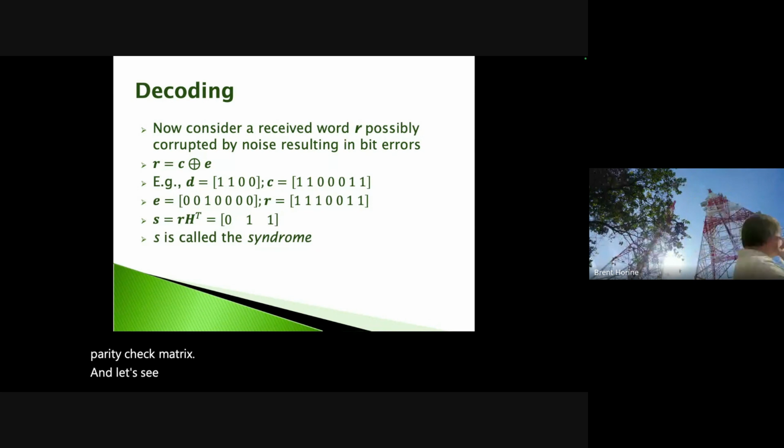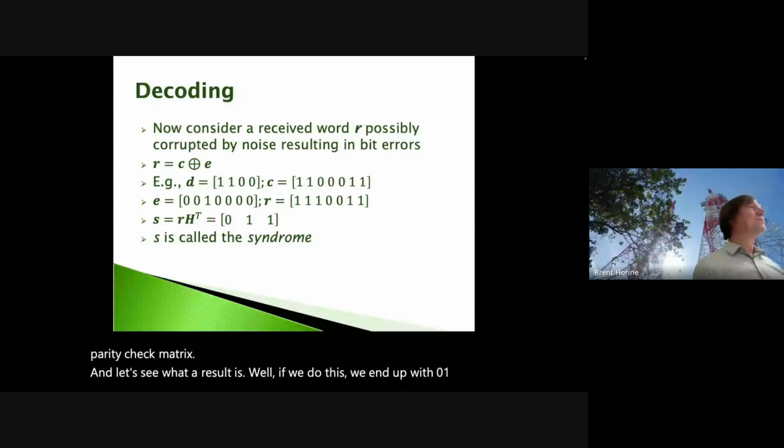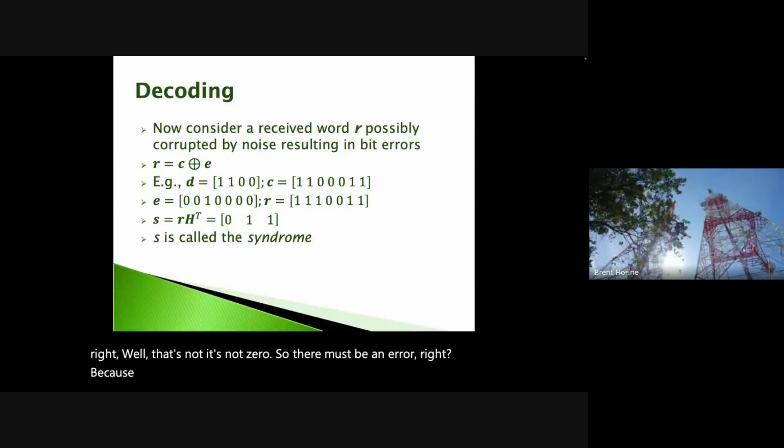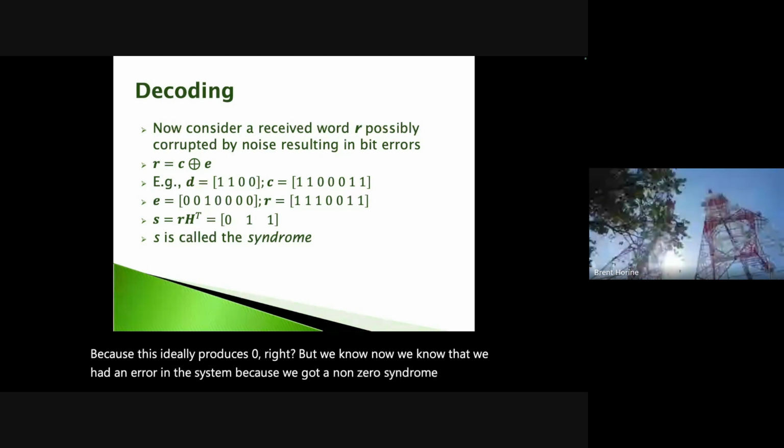If we do this, we end up with 011. Well, it's not 0, so there must be an error, because this ideally produces 0. Now we know we had an error in the system because we got a non-zero syndrome. So we call this S the syndrome.